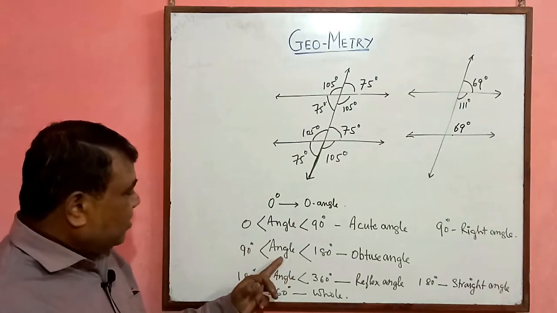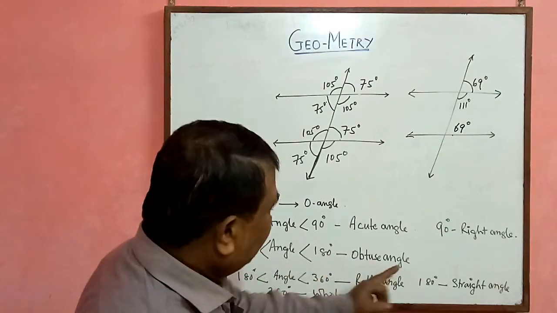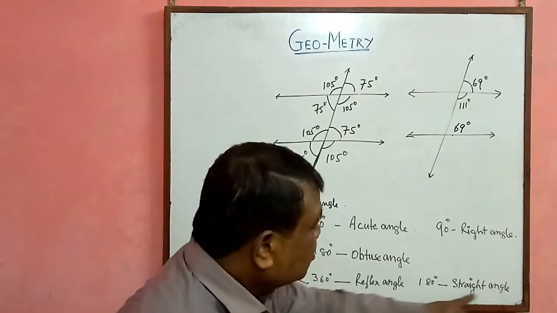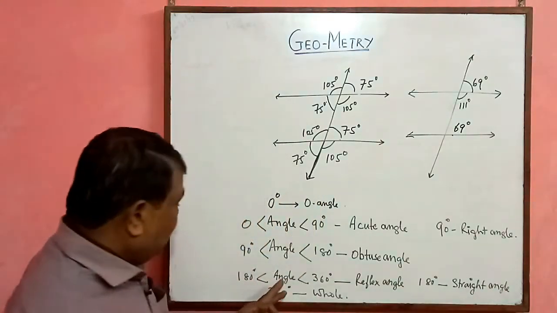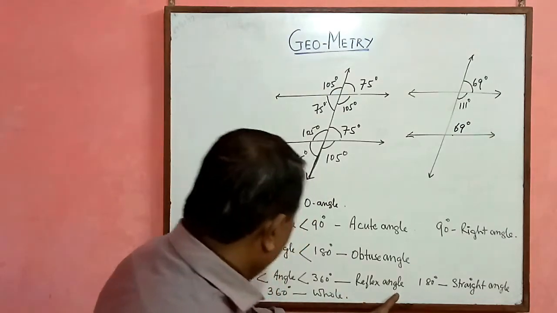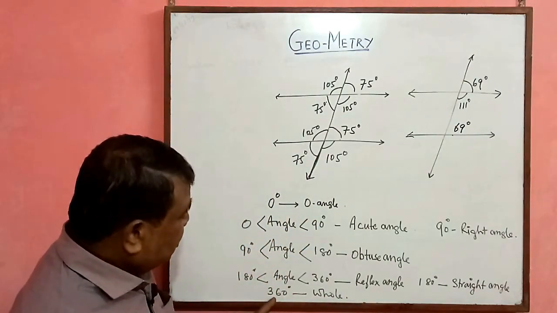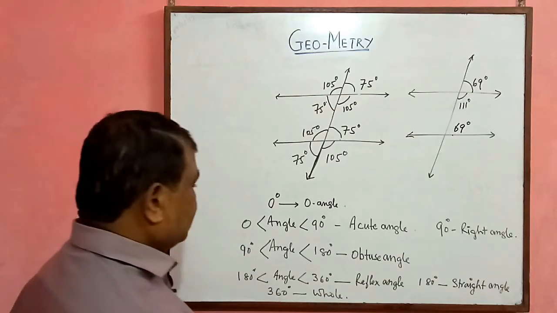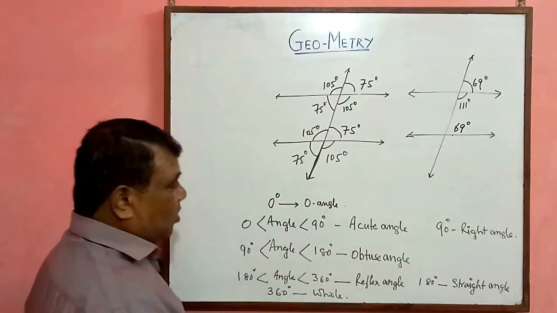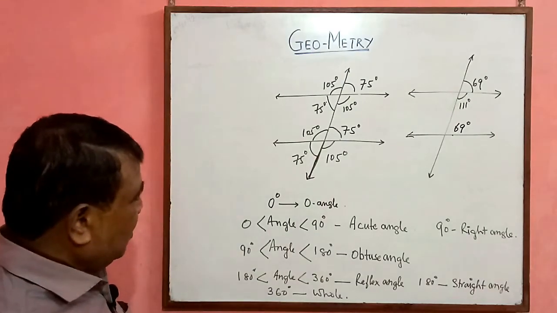More than 90 degree, less than 180 degree, obtuse angle. 180 degree itself is a straight angle. More than 180 degree, less than 360, reflex angle. And 360 degree is a whole angle. This way, we have the concept of angles.